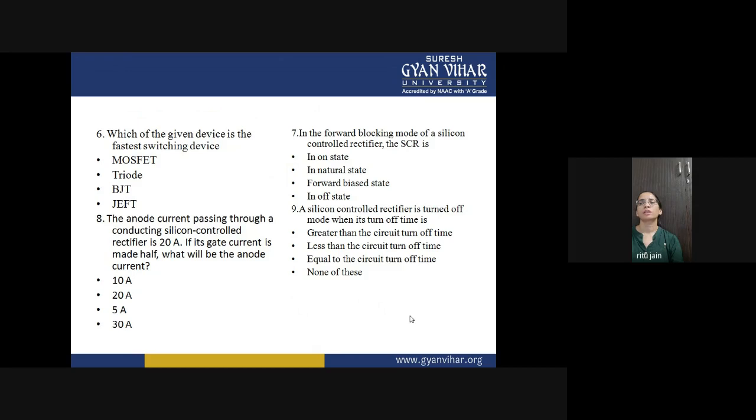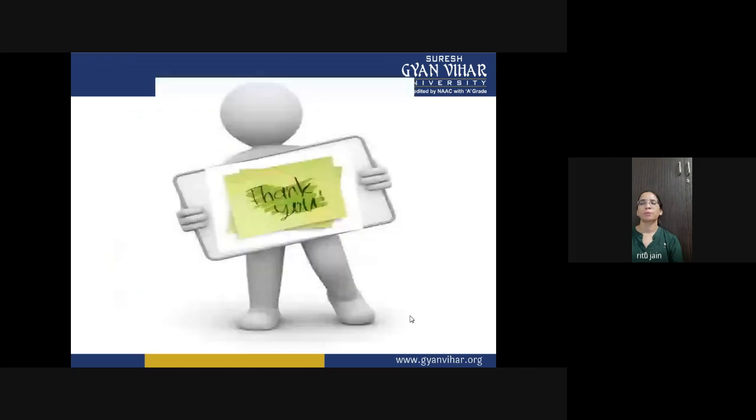So the SCR turn off time must be less than the circuit turn off time, because before the circuit is turned off, the device must be turned off. So the device will be turned off before the circuit is turned off.